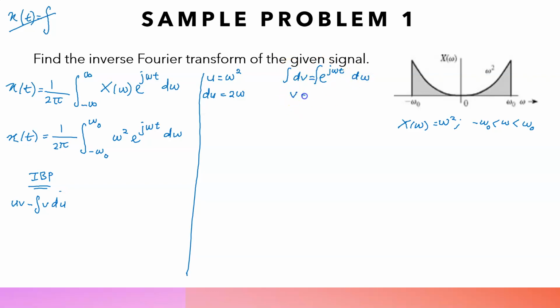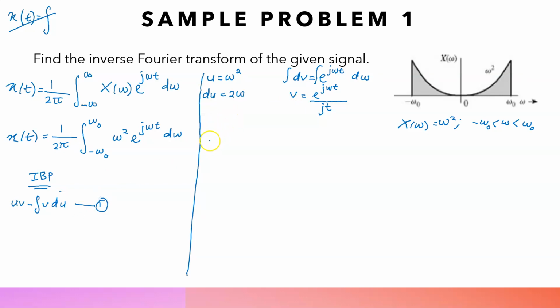So you will get v, which equals e^(j omega t) over jt. Next, you substitute this u and v into this general equation, let's say equation number 1.